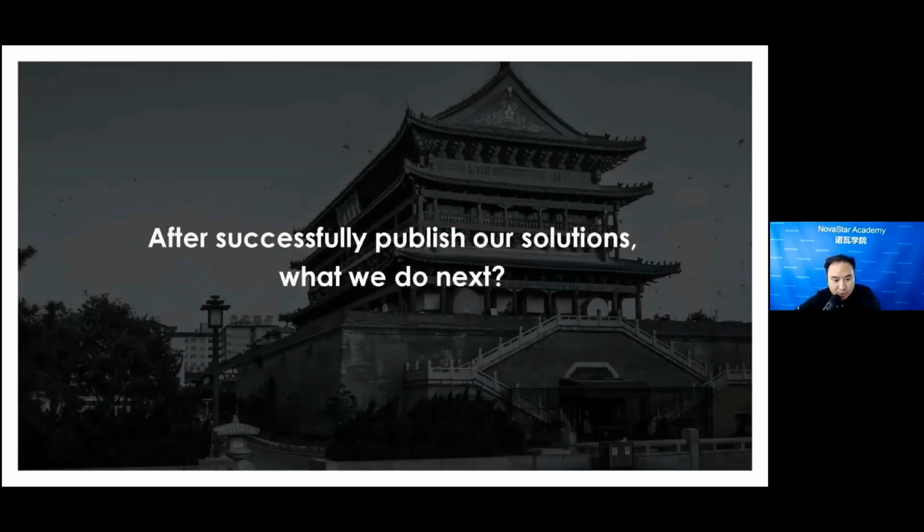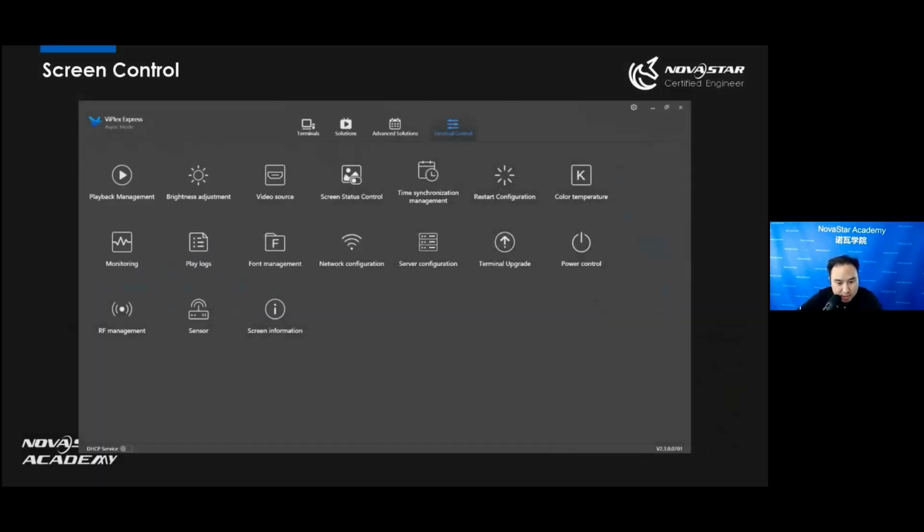After successfully publish our solution, what we will do next? These are some useful functions I just mentioned: the playback management, the brightness adjustment, also the video source, and the playlogs. Playlogs is useful to check the display content log, and it's quite important.